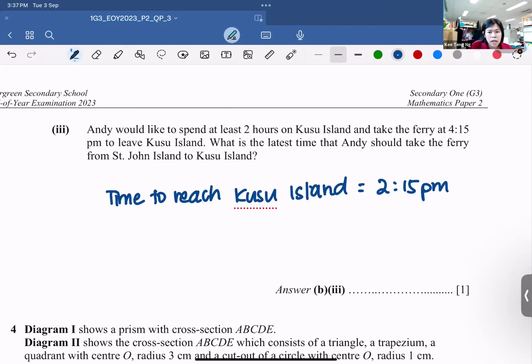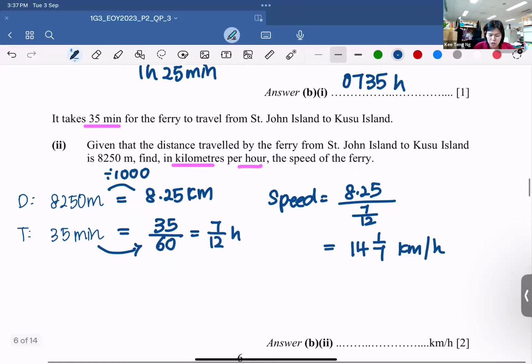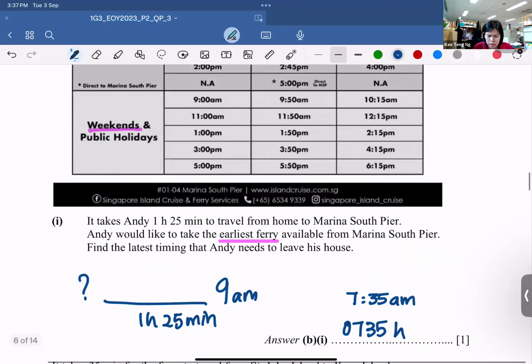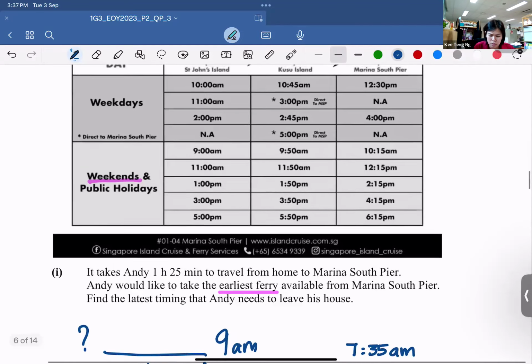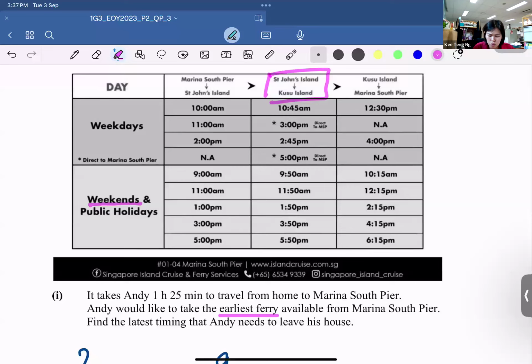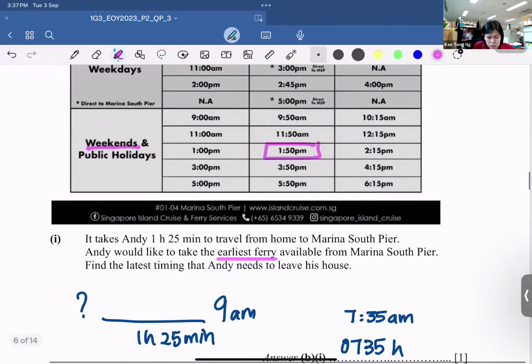But what is the latest time that Andy should take the ferry from St. John to Kusu Island? St. John Island is this one to Kusu Island. Now 2:15. A lot of students will tell me, oh, I'll choose 1:50. But we must remember something.